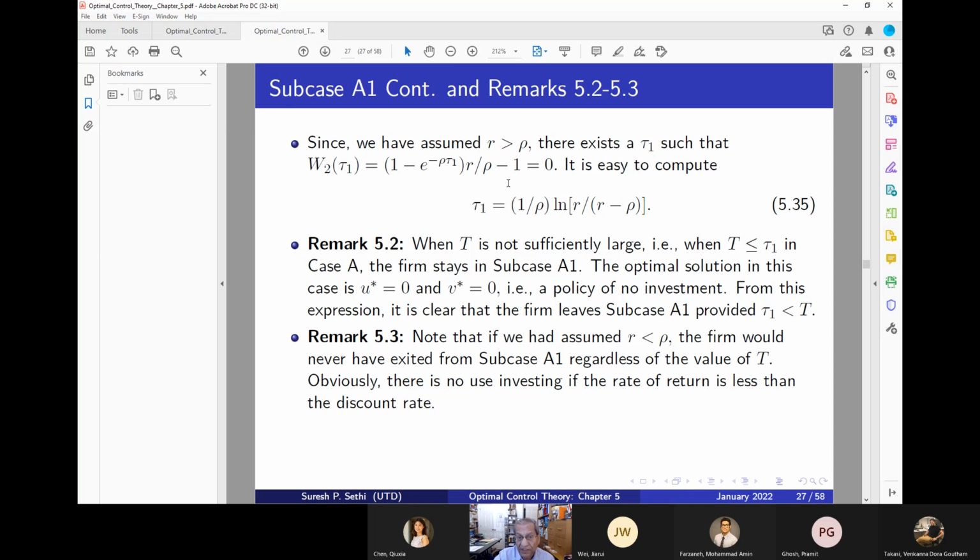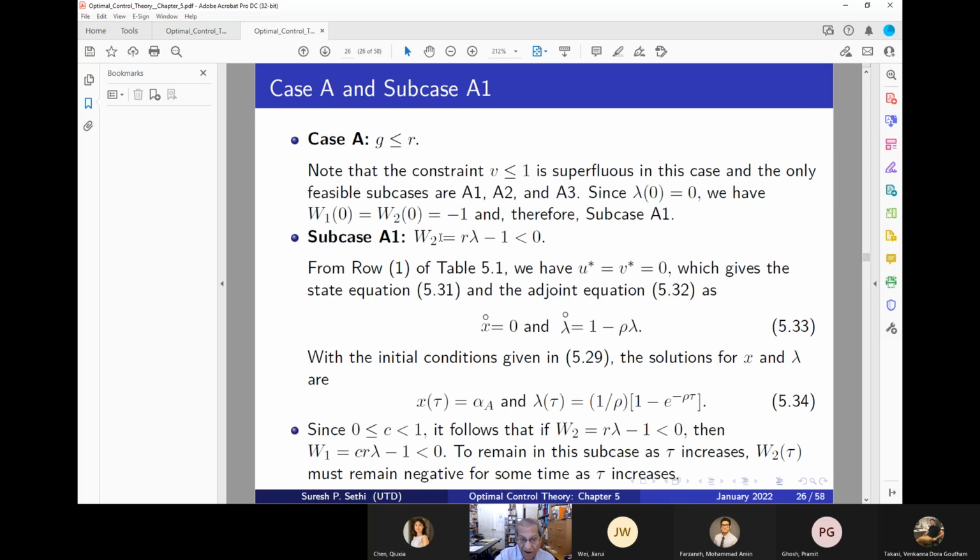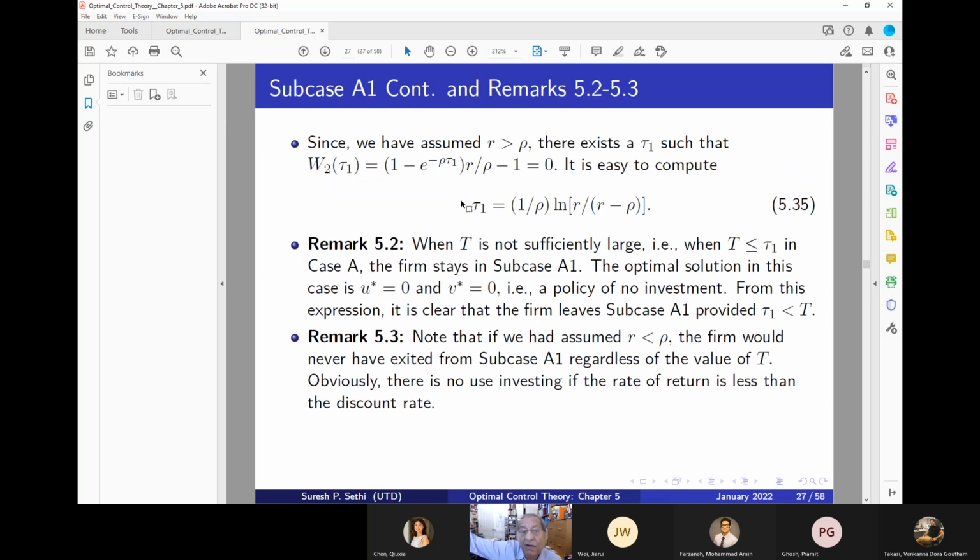That's its asymptotic value. But R is bigger than rho. So the asymptotic value of W2 is positive. So it begins from -1, and as tau goes to infinity, it goes to some positive value. So W tau will become 0 somewhere along tau.